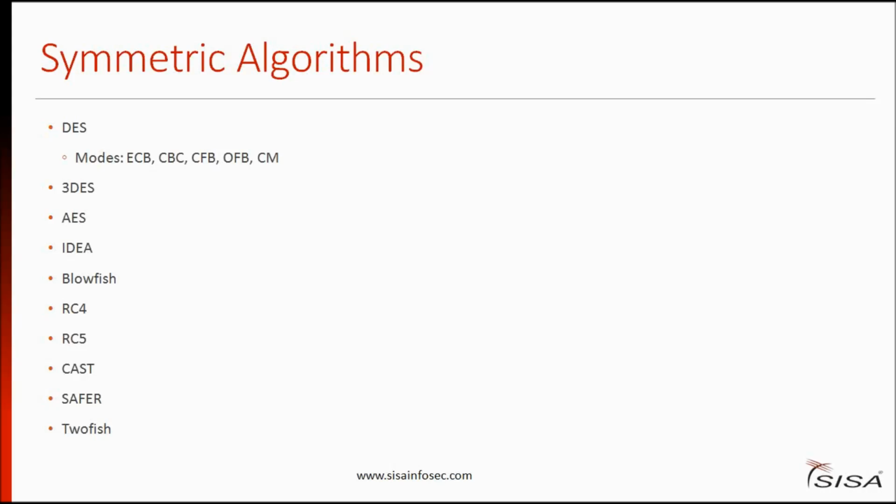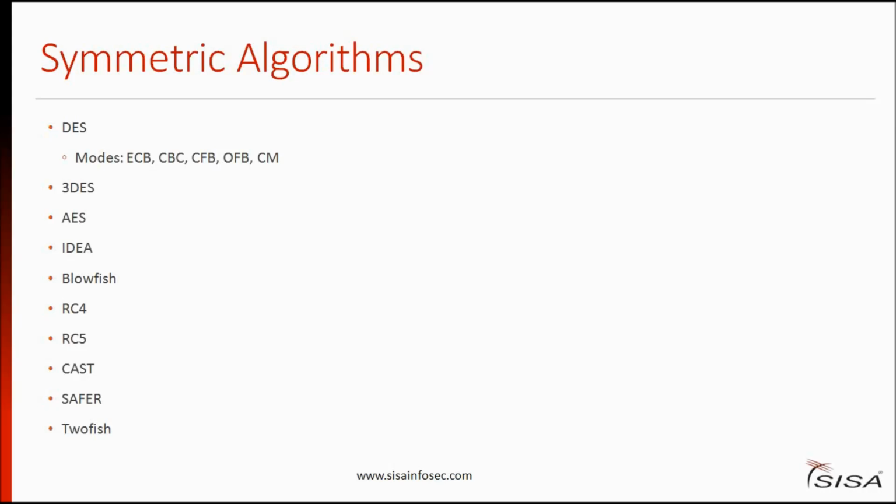But in the case of asymmetric encryption, we don't need any out-of-band key distribution because the public keys are always, as you know, public. And asymmetric encryption scales better because we only require one single key pair per entity. Examples of asymmetric encryption are RSA, ECC, or the Diffie-Hellman algorithms.